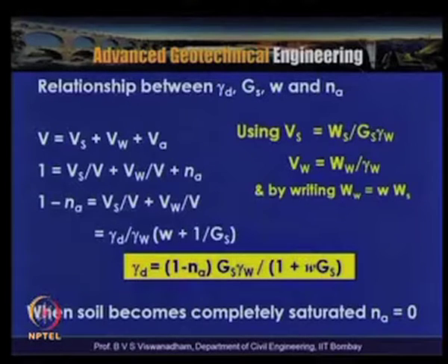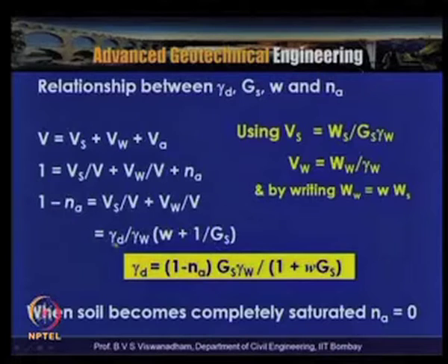Using Vs is equal to Ws by Gs gamma w and Vw is equal to Ww by gamma w, and by writing Ww is equal to w times Ws, if you take na to the left hand side, we get 1 minus na equals Vs by V plus Vw by capital V, and if you substitute these expressions here and simplify, you will get gamma d by gamma w into water content plus 1 by Gs.